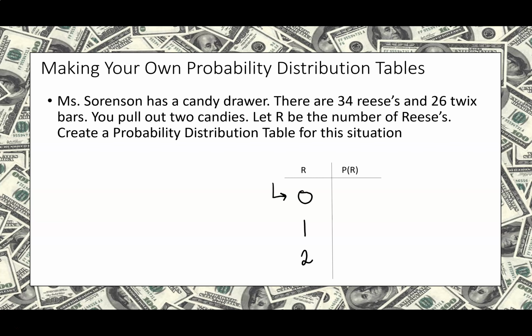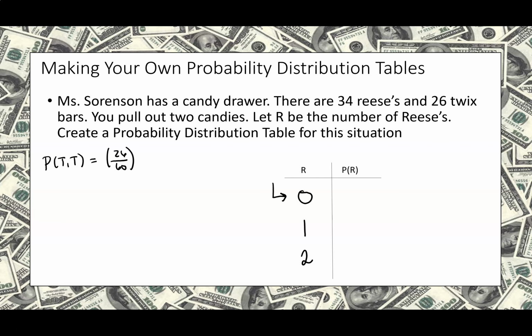What's the probability of getting 0 Reese's? Well, that's the same thing as getting a Twix and then a Twix. Isn't that 0 Reese's? 2 Twix? Yeah, sure is. So we have to go back to dependent probability and say that the probability of getting a Twix is 26 out of 60 candies.